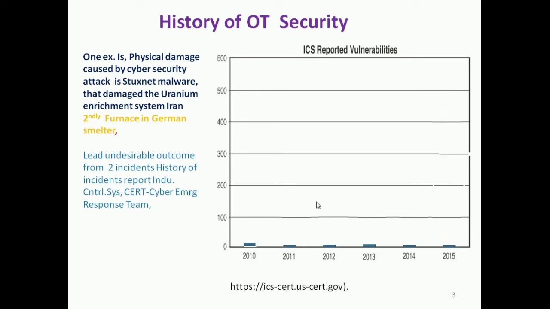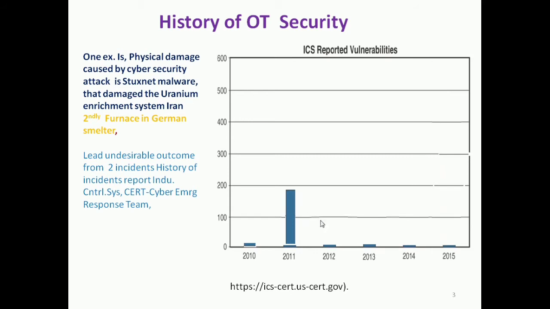See, the number of reported vulnerabilities in industrial control systems started rising during 2010. Next, in 2011 we can see nearly 180 vulnerabilities reported.